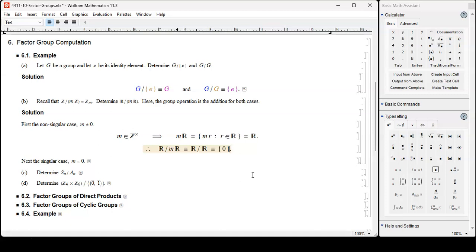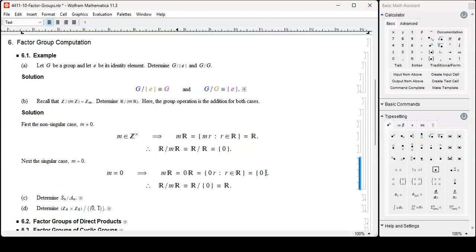Now the singular case, when M equals 0. In that case, 0 times R is just 0. So what do we have? We have R over trivial, so it's R, so it's this one here.